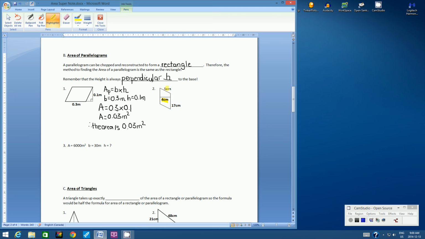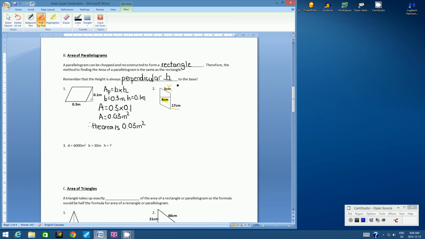Well, this side up here, 5 centimeters, is actually not connected to the height at all. So that is probably the measurement that is not necessary. Whereas this measurement, 17 centimeters, is the length of this line, which is at a 90-degree angle to the height. So this is probably the line that we're looking for.